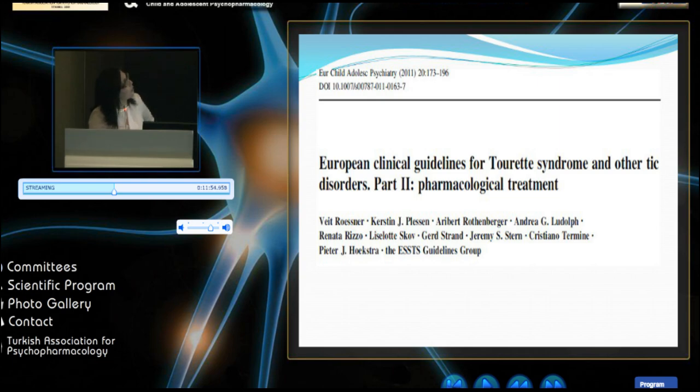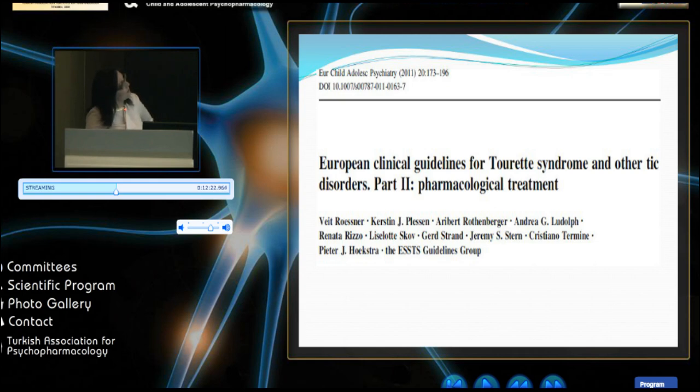For moderate and severe symptoms, if there is psychosocial impairment, the preference of the child and parents is to get treatment, and if there is availability for intervention, there can be 3 choices: medication, habit reversal, or exposure and response prevention.